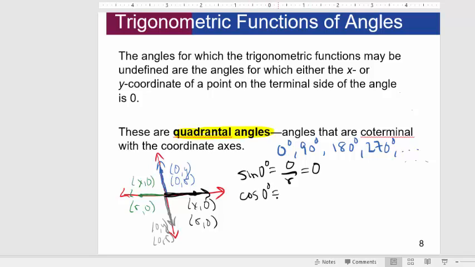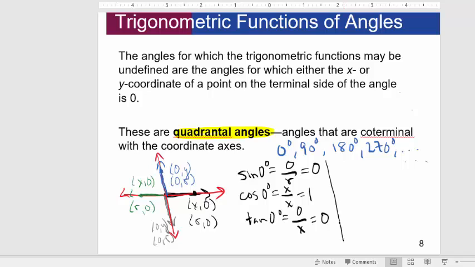The cosine of 0 is going to be x over r, but remember what we said, x and r are the same, so it's really just x over x, which is 1. And the tangent of 0 is going to be y over x, so it's 0 over x, which is 0. So at 0 degrees, the sine is 0, the cosine is 1, and the tangent is 0.